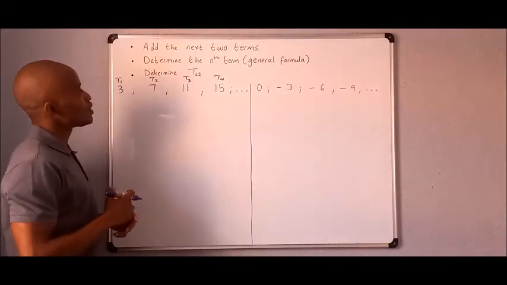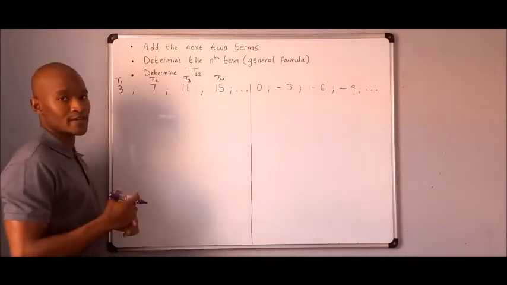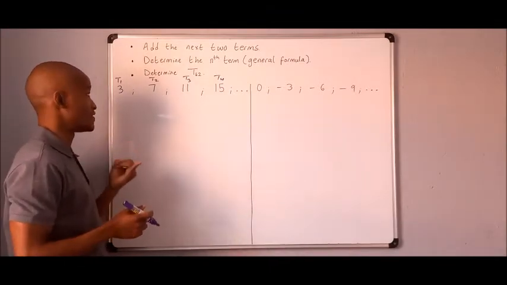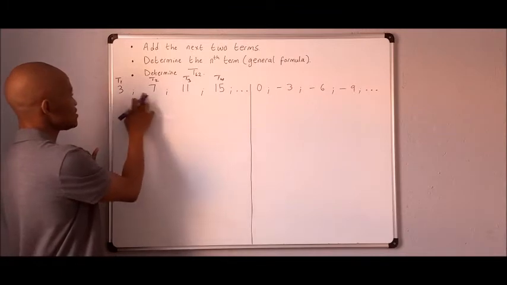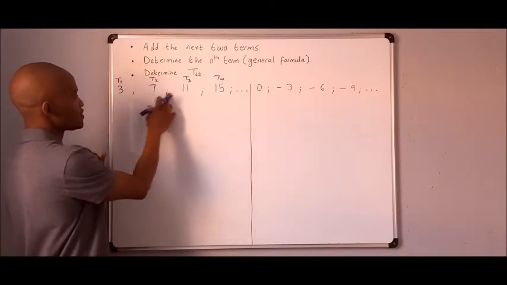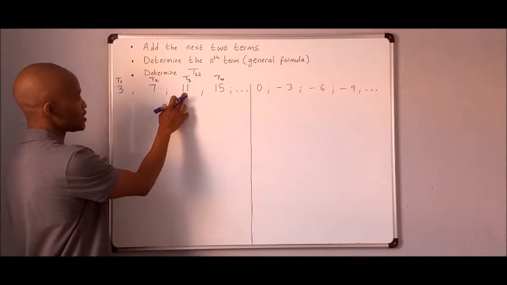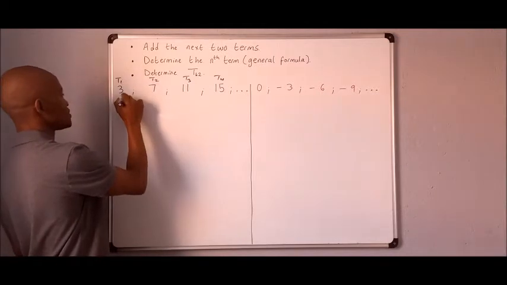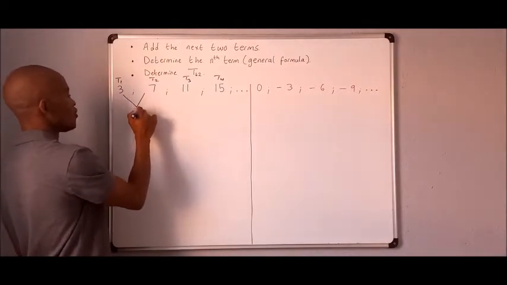We want to investigate what type of pattern is given. It's 3, 7. Looks like we're adding 4 here. From 7 to 11, again we're adding 4. 11 to 15, again we are adding 4.